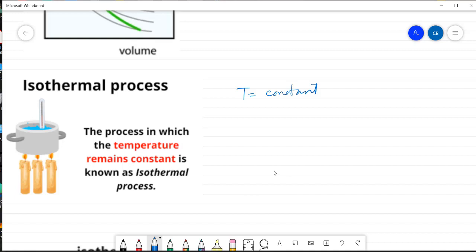Meaning there is a transfer of heat energy just enough to keep the same temperature. The transformation is slow, unlike adiabatic, which may require a quick process. Basically, that is the difference between the isothermal process and the adiabatic process.